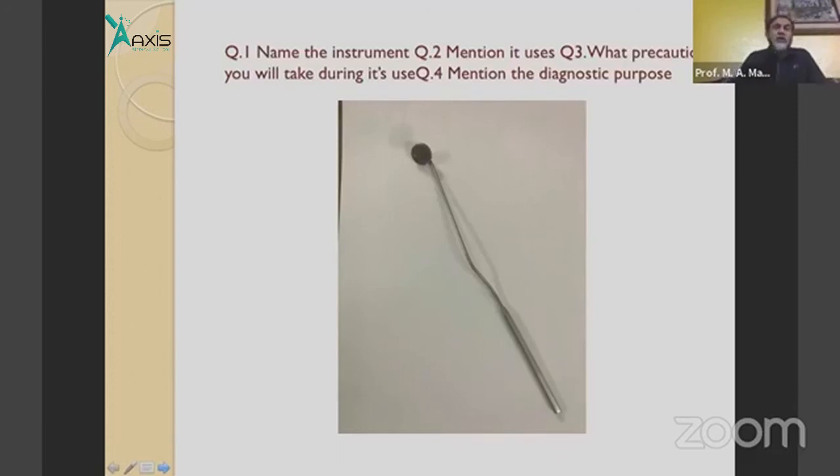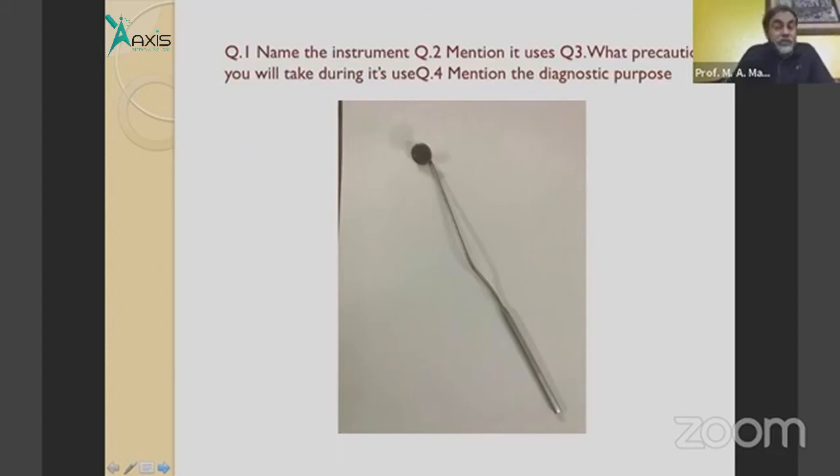So all these are diagnostic uses of this instrument. Now, if we ask this question also here: what are the structures seen by this instrument? That means what you see in the nasopharynx. You also have to know this one.